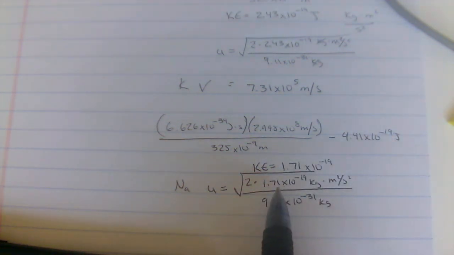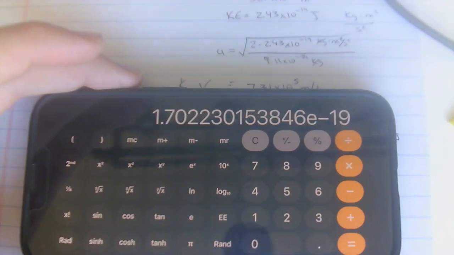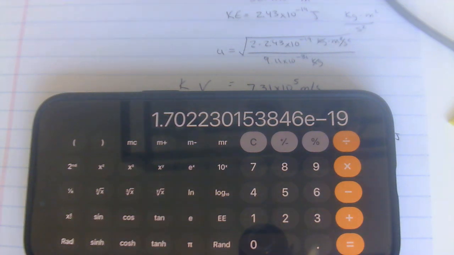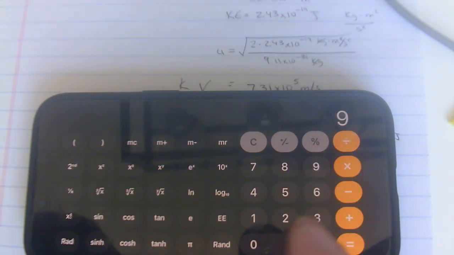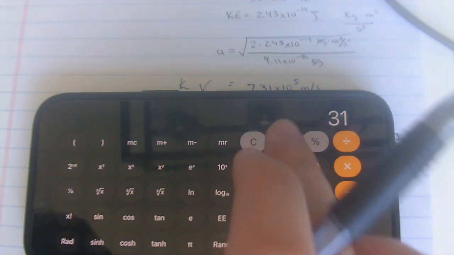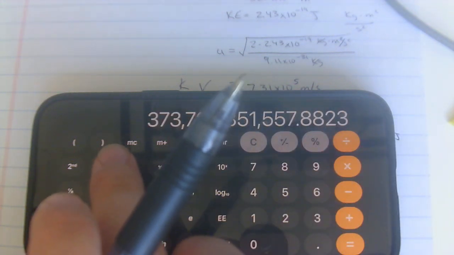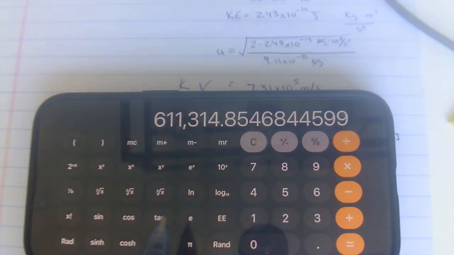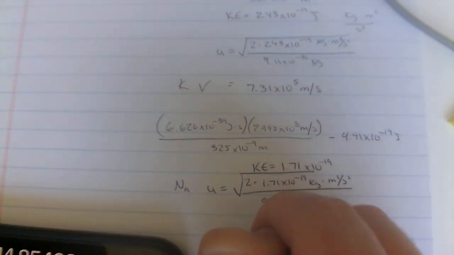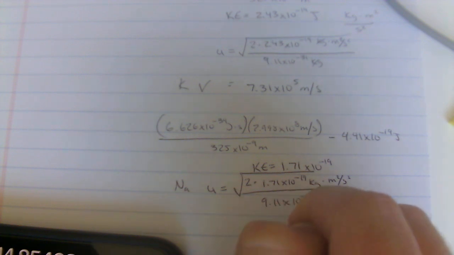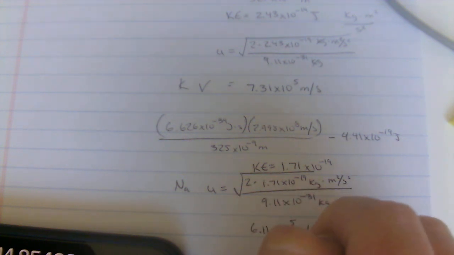Now notice I rounded here. In my calculator I haven't rounded yet because we're not at the end. So we're just going to multiply that by 2, divide it by the mass of the electron, and then take the square root. So we got 611,314. So we're just going to round that to 6.11 times 10 to the 5th meters per second.